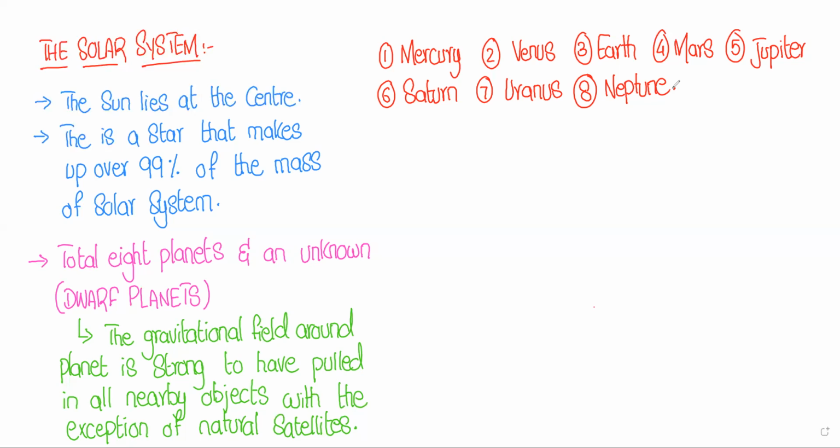If you want to remember the sequence of the solar system, there is a simple rhyme to remember it. The rhyme is: my very easy method just speeds up nothing.